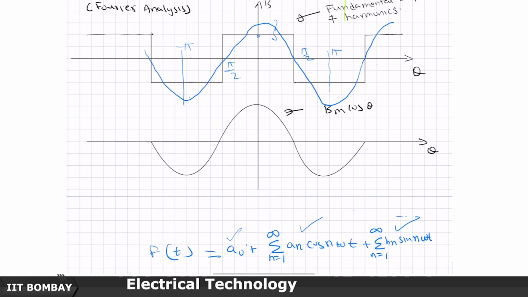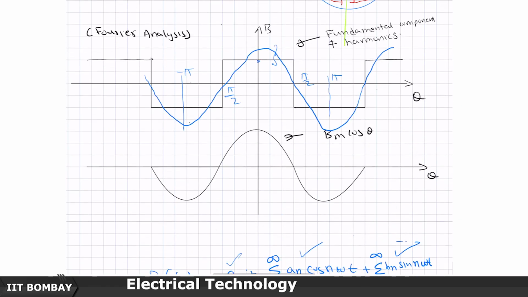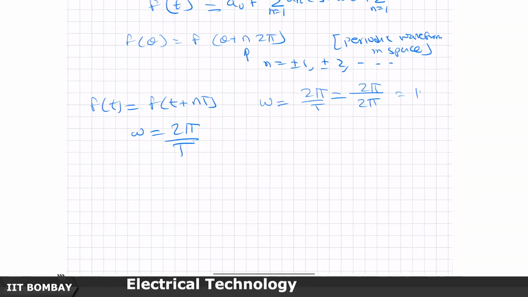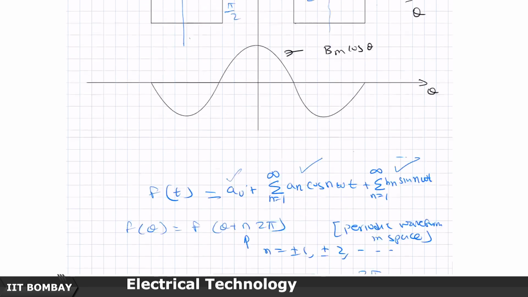So now if the waveform is like this, A naught is actually the average value of f of t over one cycle, so minus t by 2 to plus t by 2.